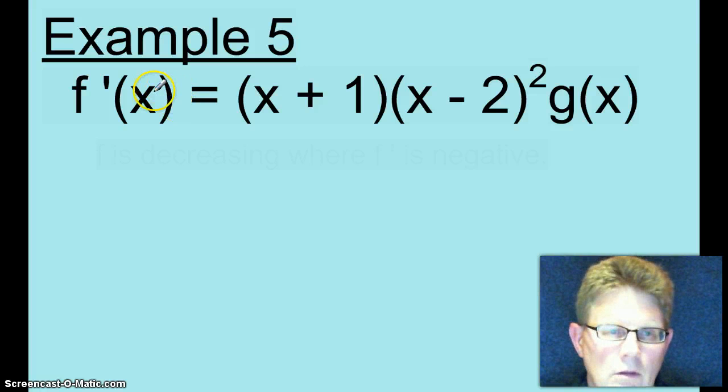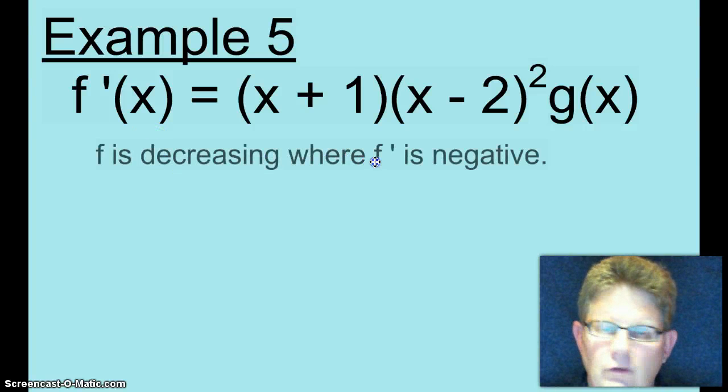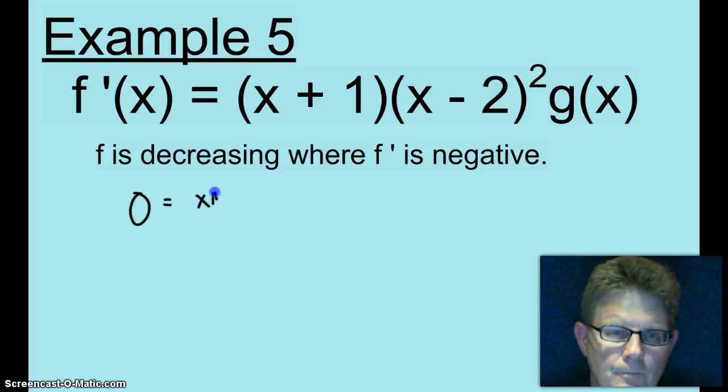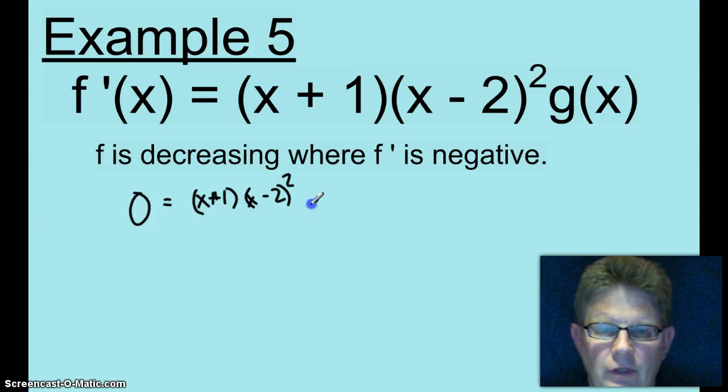First of all, where is f prime? Sorry, where is f decreasing? F is decreasing wherever f prime is negative. Alrighty then. So set that first derivative equal to 0. And then we're going to try to figure out which one of these will be 0.